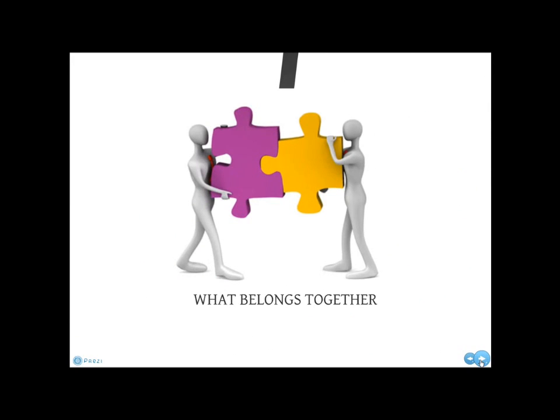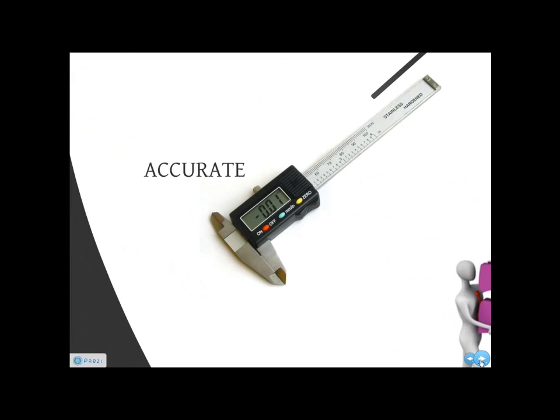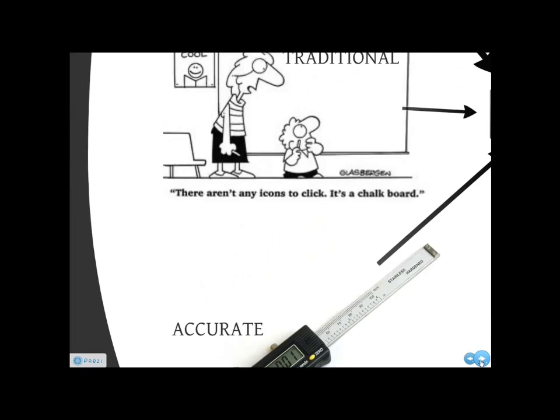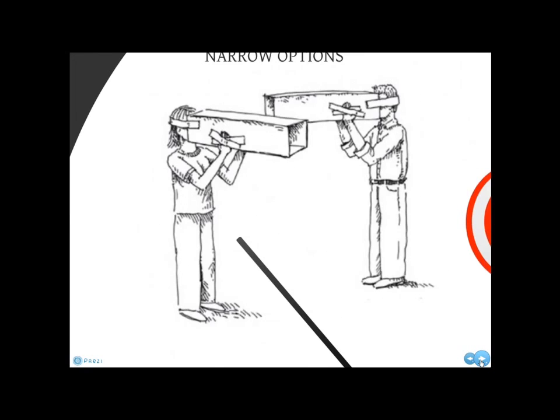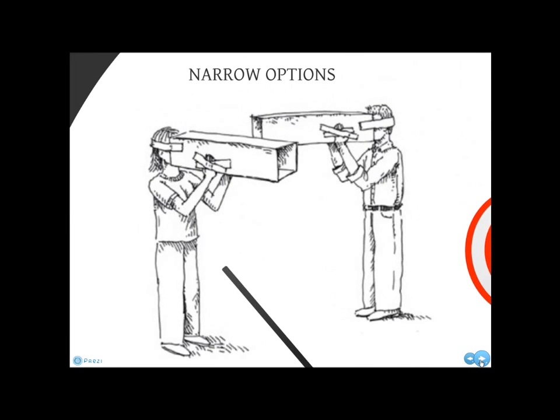Unlike divergent strategies which draw together ideas from remote places, convergent strategies tend to bring ideas that are quite similar together. Convergent strategies also tend to focus on accuracy. They tend to be quite traditional in nature insofar as that they build on traditional behaviors and activities and tend to repeat them. Convergent strategies will tend to look at questions and problems from a narrow range of options or perspectives.